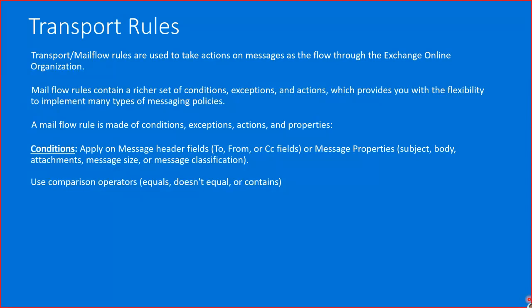Most conditions require specifying some sort of a comparison operator, where we match a value to a condition, and if a message qualifies that particular setting, then the rule gets applied to it. So those are the conditions.